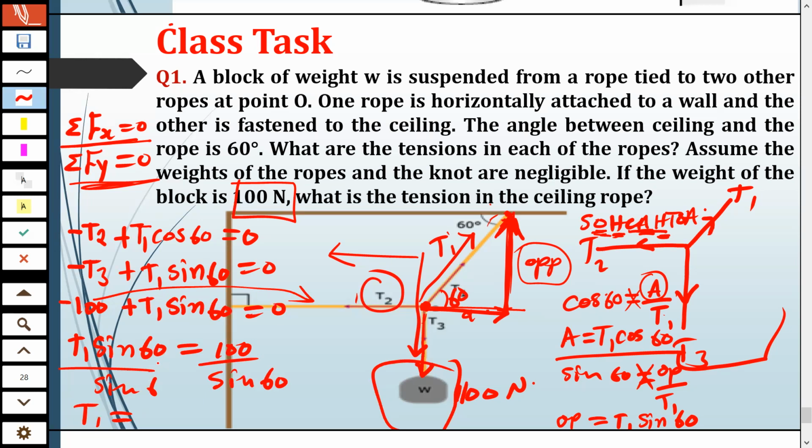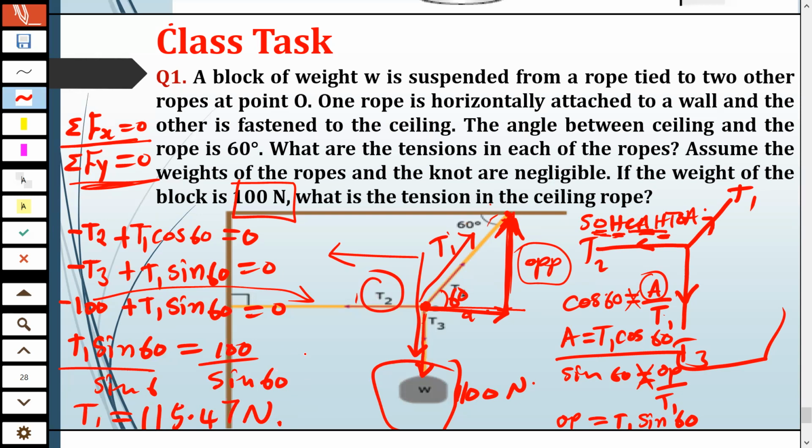So the tension in the rope T1, the one that is attached to the ceiling, is actually the one that they are asking us to find. So this is 115, let me just write 2 decimal places, which is 115.47 newtons. So this is the tension they're asking us to find.